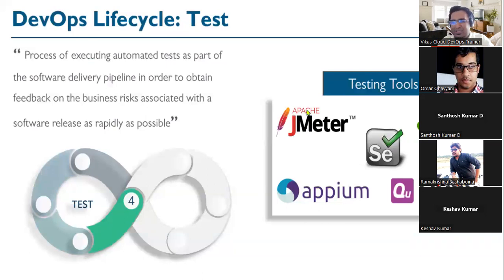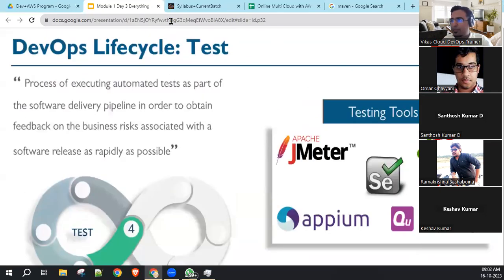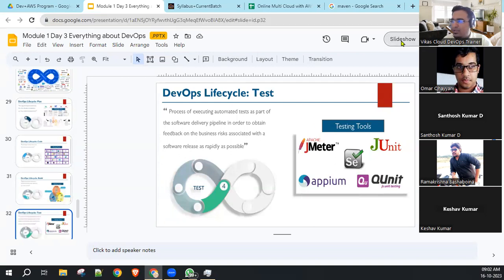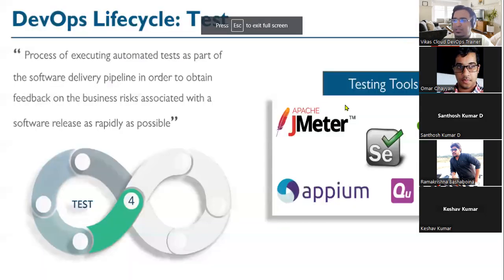Let me tell you. JMeter is a performance tool. It will measure the performance from one click to another click, how much time it is taking, how the application is loading, how much time from one tab to another tab, from one place to another. Let's assume I'm using Google Docs. In Google Docs, I click here. How much time is it taking to load?